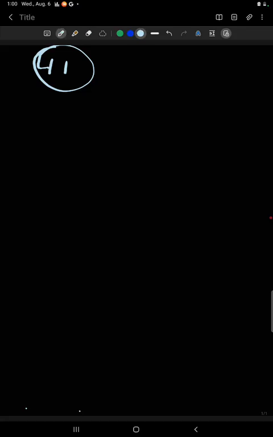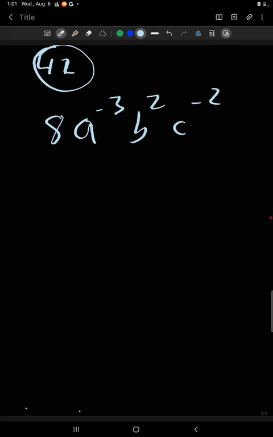Moving on to problem 42. What is the problem statement there? I have 8a to the power negative 3, b squared, c to the power negative 2. What is that equal to? We want all positive exponents in that sense.